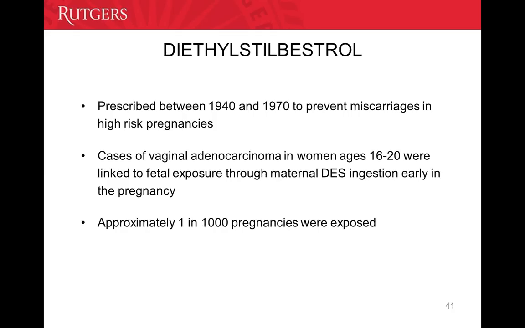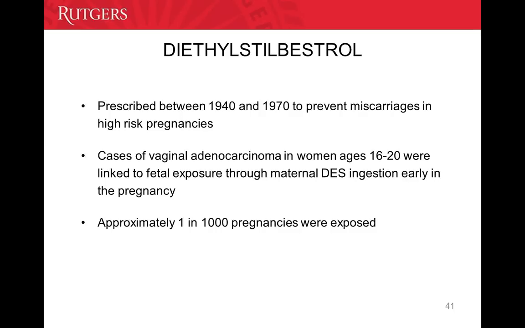Another example, as we get close to our first break, is that of DES, or diethylstilbestrol. This product was prescribed in the United States between 1940 and 1970, and it was used to prevent miscarriages and high-risk pregnancies.